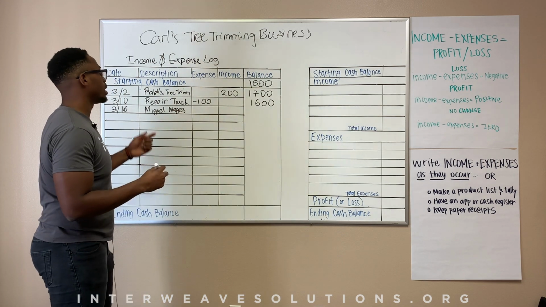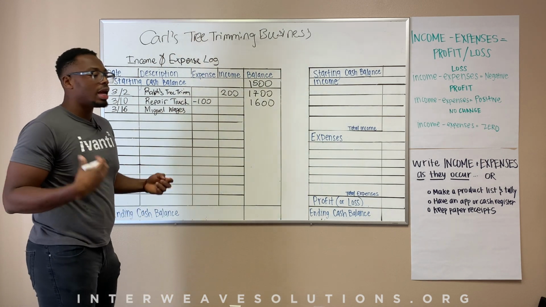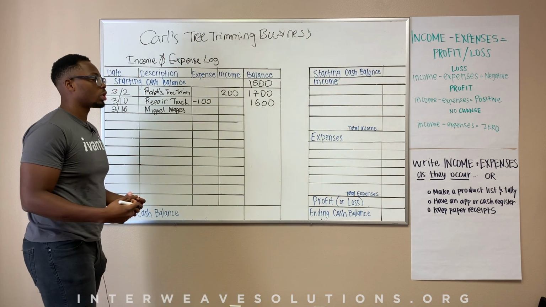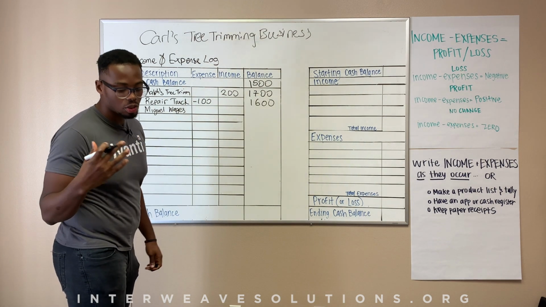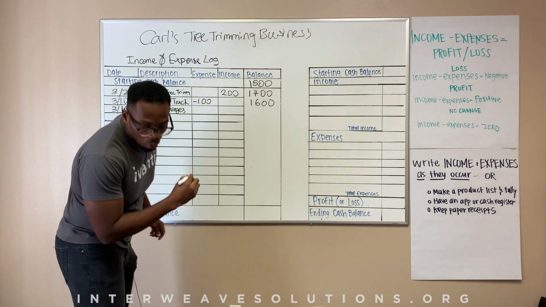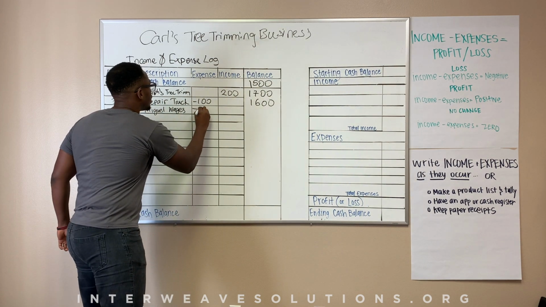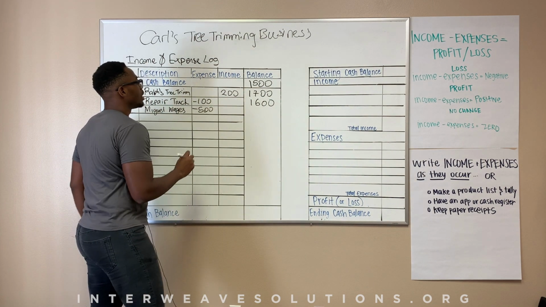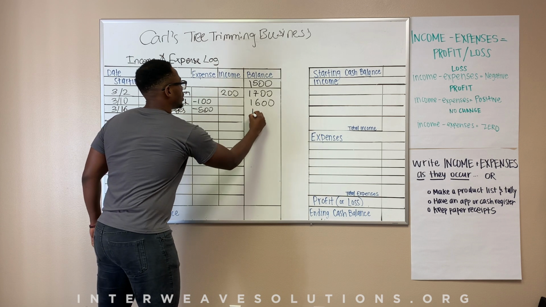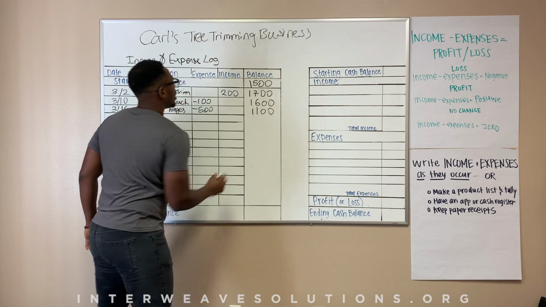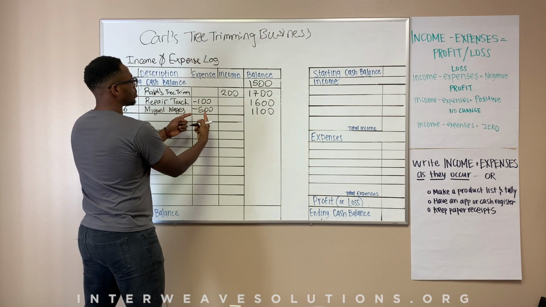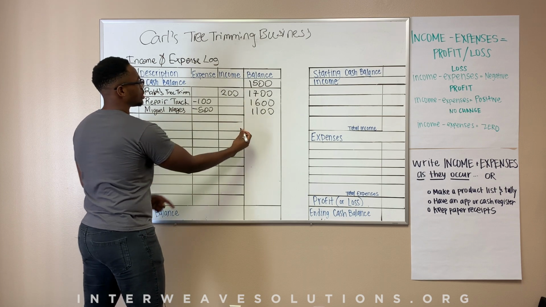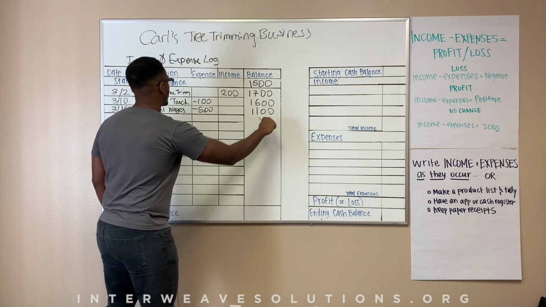Miguel works for me, and so I paid him to do the work. Therefore, money is going out of our pocket, which is 500. Basically what we just did is we subtracted 500 from 1,600, and that's how we ended up with 1,100.